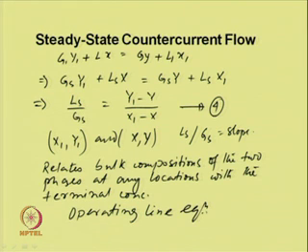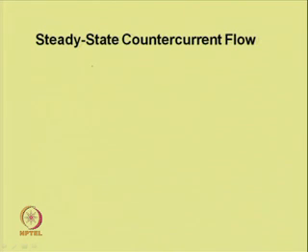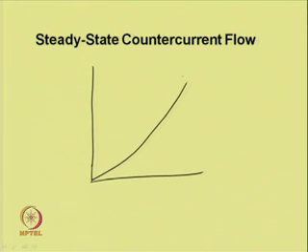If we plot for the case we discuss, this is the equilibrium line and this is the operating line with a slope Ls by Gs, and this is the concentration.